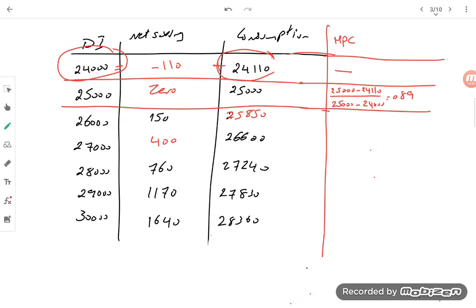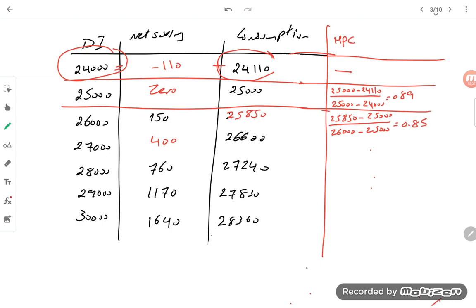Okay. Another one, 25,850 minus 25,000 divided by 26,000 minus 25,000, it will be 0.85.